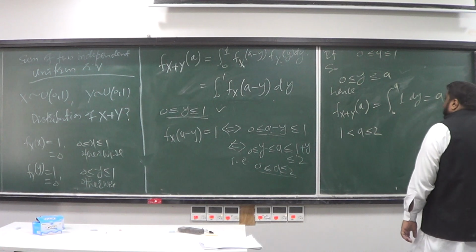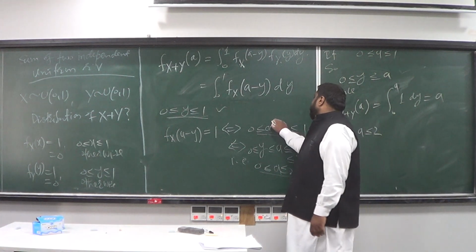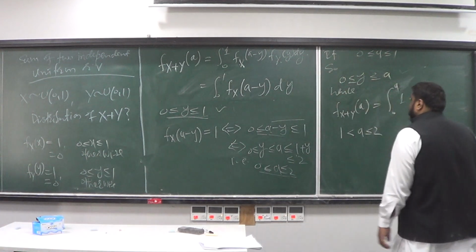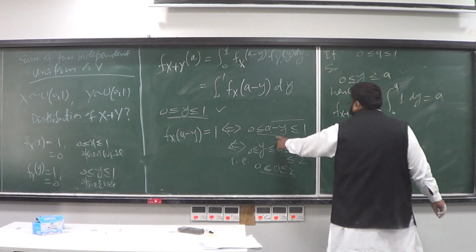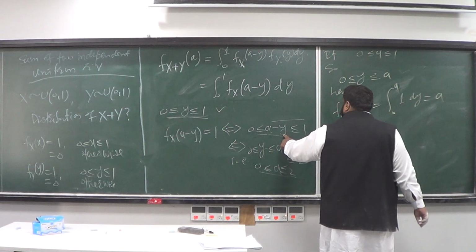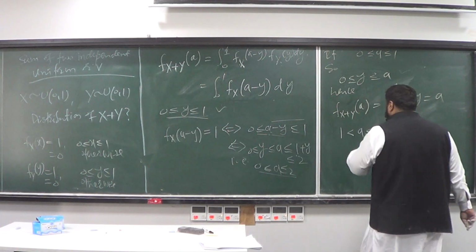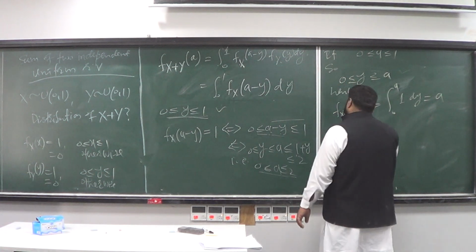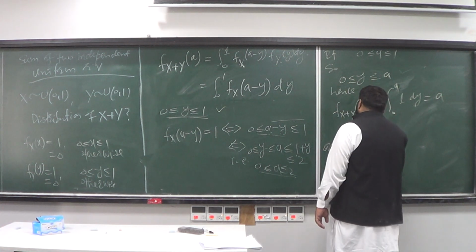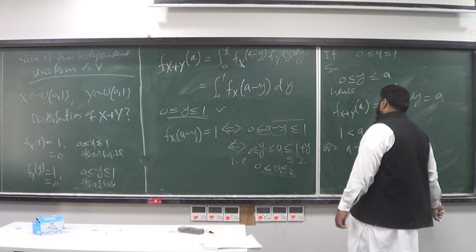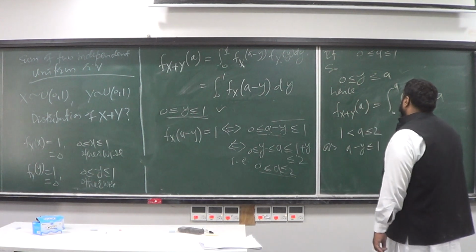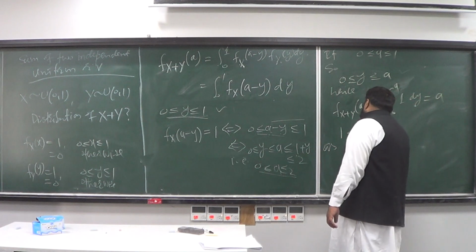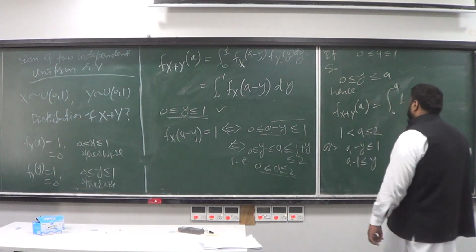But now, if you take the other side of the constraint, a minus y is less than or equal to 1, so from this constraint you can say that a minus 1 would be less than or equal to y.